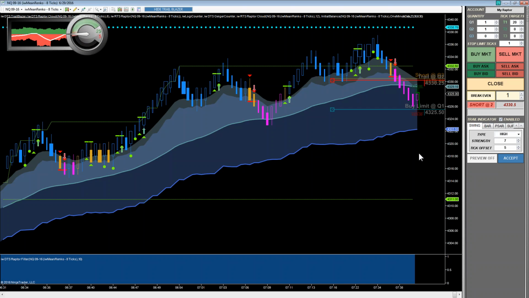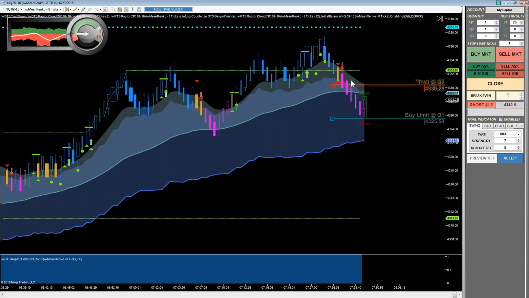What I'm hoping is that, well, obviously I'm hoping it's going to go lower, but I'd like to show you how the trade manager rolls the stops automatically for you. I haven't really been able to show you that yet because the market hasn't been going very far.